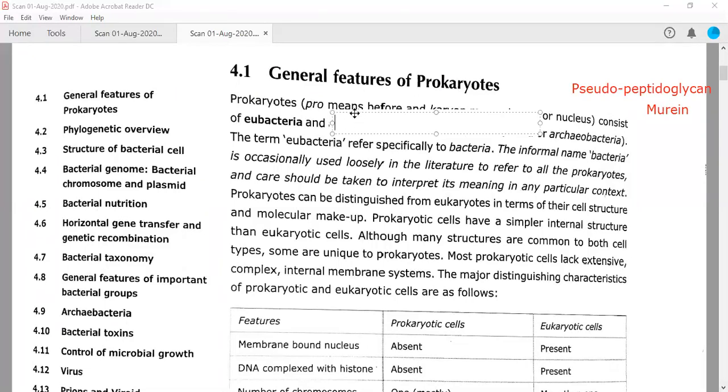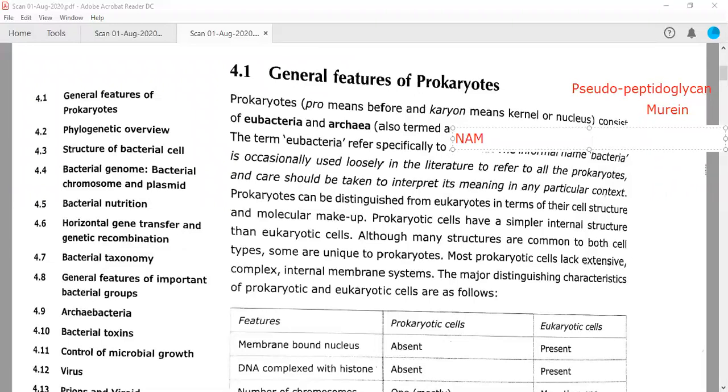Now, I have discussed this earlier also. First of all, you should know the peptidoglycan is made up of two components, one is called NAM, one is called NAG, and they are repeated a number of times. NAM is N-acetyl muramic acid, whereas this is N-acetyl glucosamine.